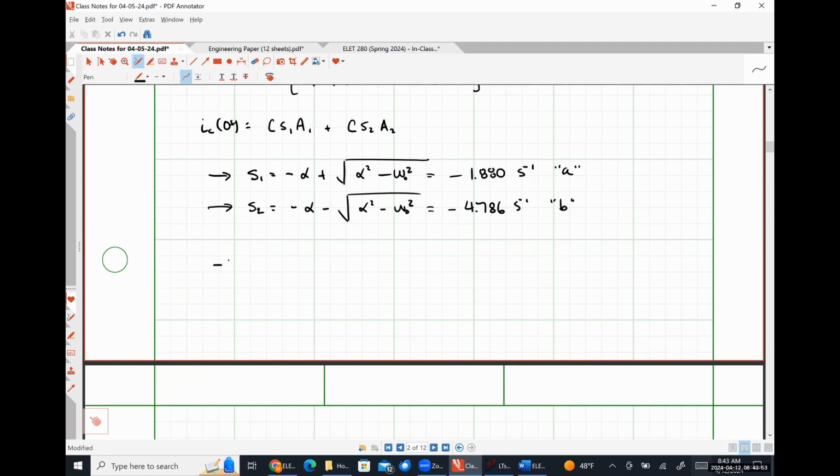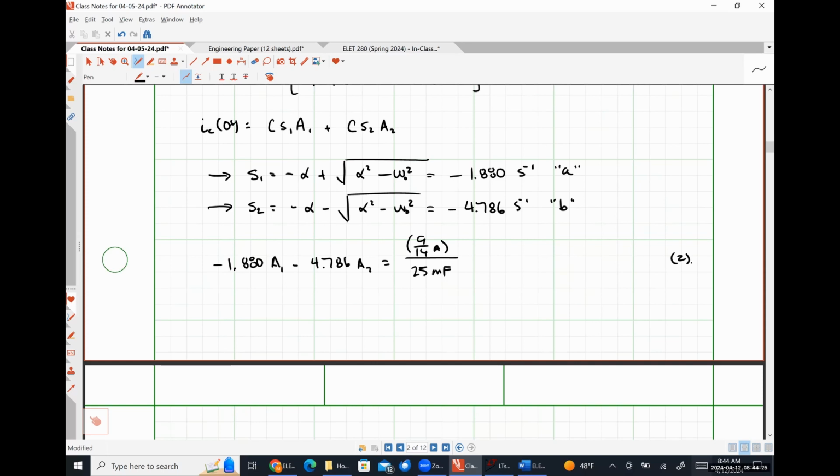So we'll have negative 1.880 A1 minus 4.786 A2 is equal to 9/14 of an amp divided by 25 millifarads, which is my second equation for my two equation, two unknown system.